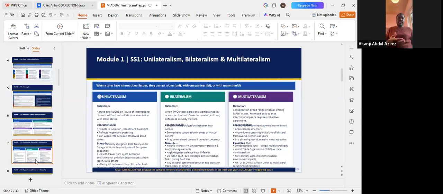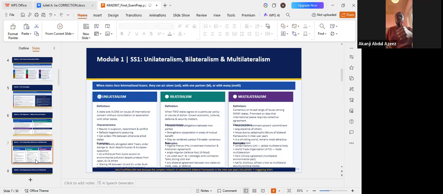Normally in the international system, when you want to take an action that will affect the international system, you need to involve or communicate with other countries. But when they take a decision without talking with other countries, it becomes a unilateral decision. What happened between the USA and Venezuela is a unilateral decision, because normally the US is supposed to bring it to the United Nations to deliberate on it, but that was not the case.